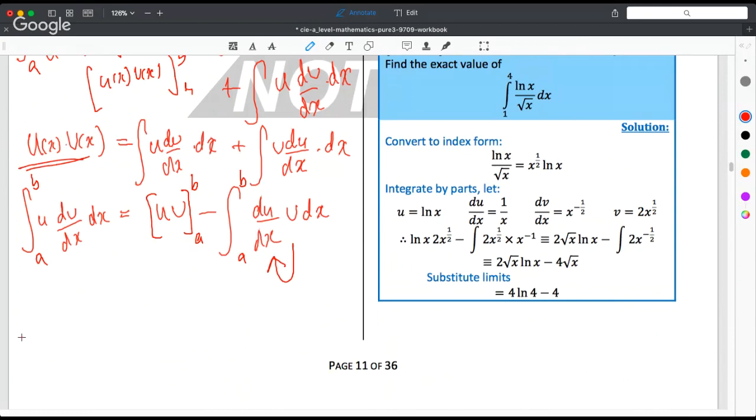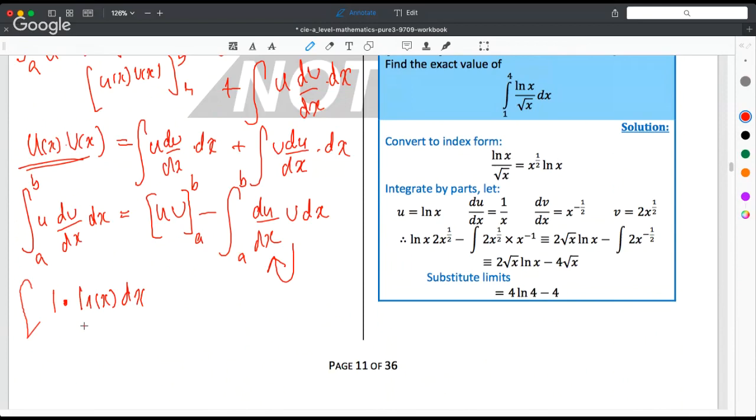An example of that would be if you want to integrate ln of x, the natural log of x. You could imagine that that's the same as saying 1 times the natural log of x dx.